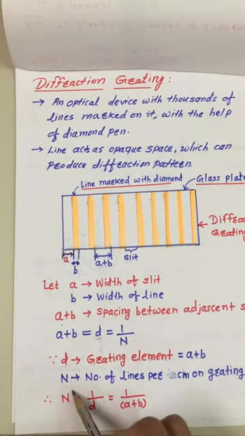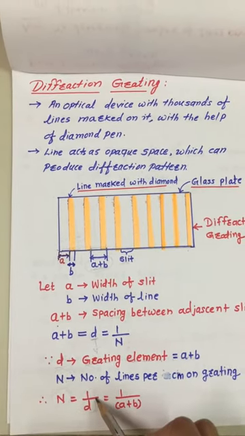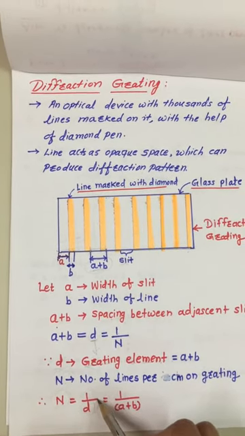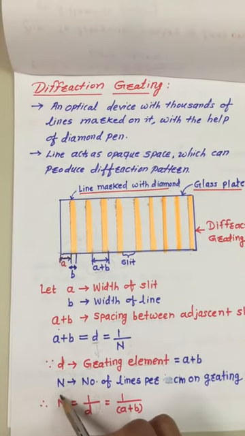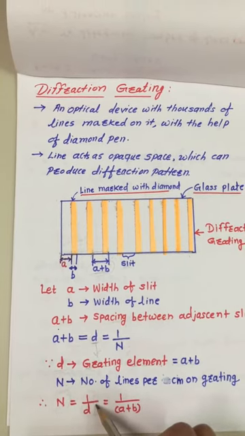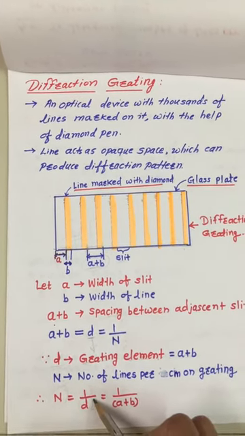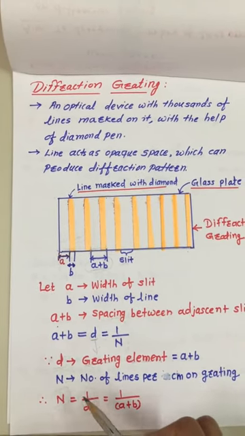If the n value is known, then you can determine the d value, that is the grating element. Practically, in today's experiment we have to determine the number of lines on the grating, and for numerical solving, for practical solutions in real life, you also need the grating element.